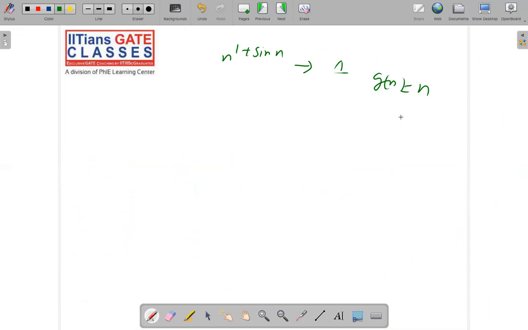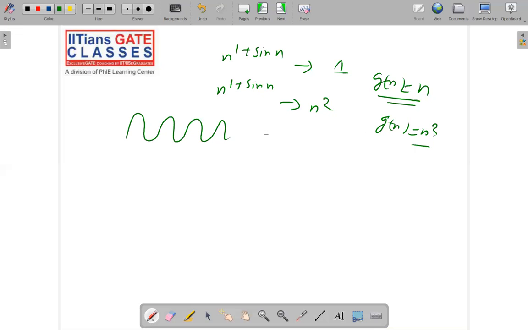Sometimes the n plus sin n value will be n square and Gn will be n square only, because the sine function is periodic and its value changes from -1 to 1. So that's why we cannot state any relation between these two.